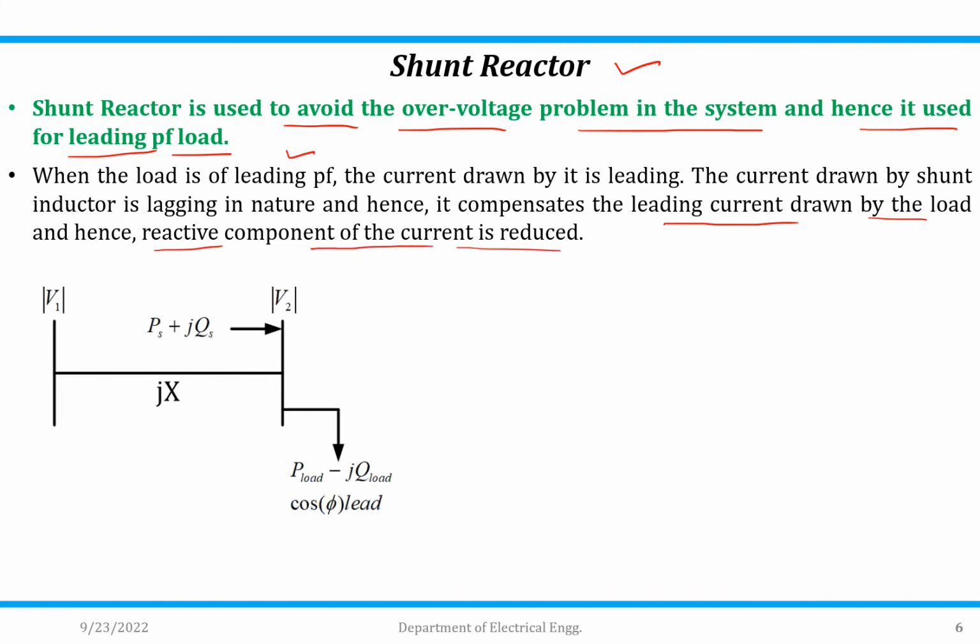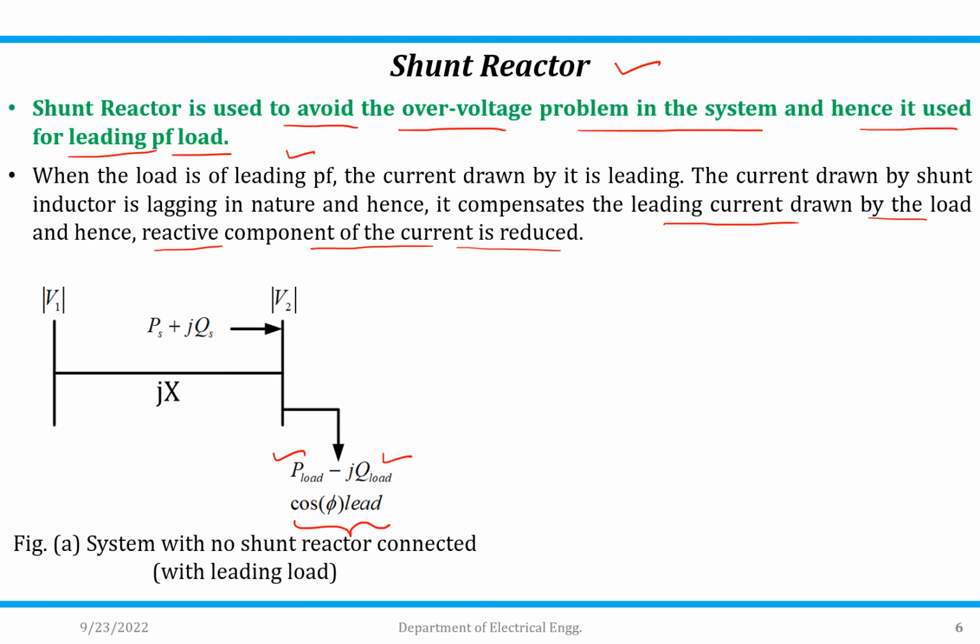Now let us consider the diagram. Here I have drawn the same diagram, just the difference is that the load connected is of leading power factor. So that's why here we have shown P load minus j Q load. This is the system with no shunt reactor connected with the leading load.